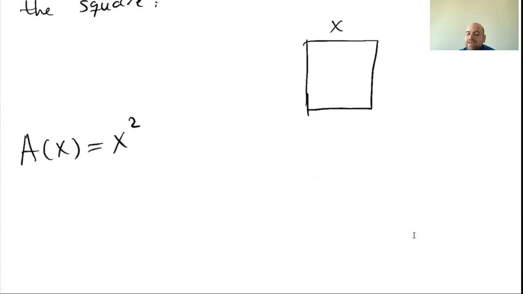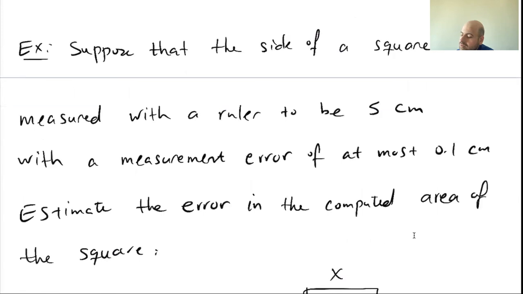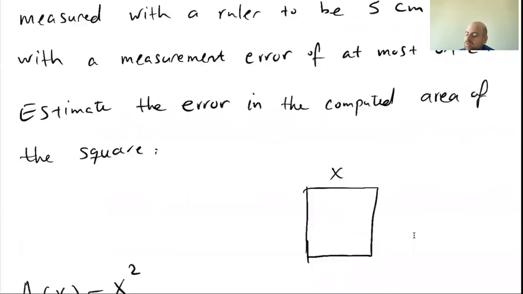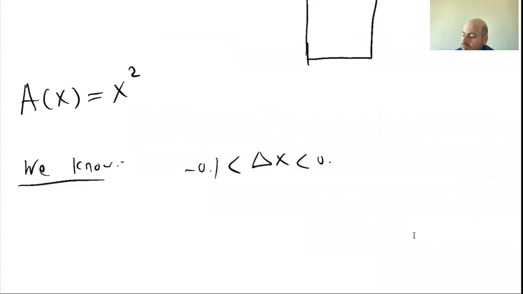We know that delta x is at most 0.1 centimeter. So delta x, the error in measuring x, is at most 0.1 centimeter. So we can say delta x is between minus 0.1 to 0.1.